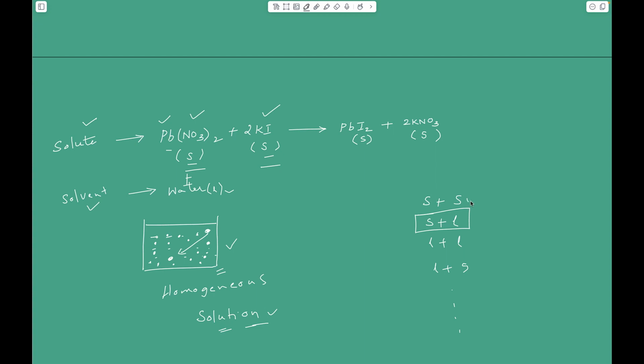And in all other cases, the substance that is taken in more quantity, that is present in more amount, is called the solvent. The one that is present in lesser amount is called the solute.